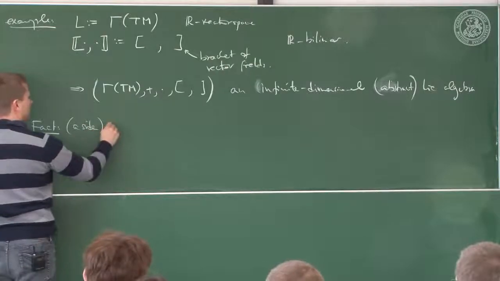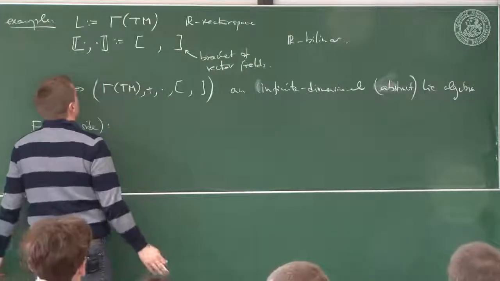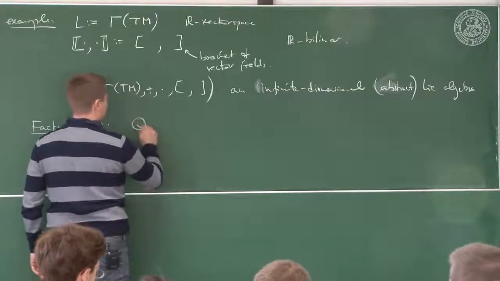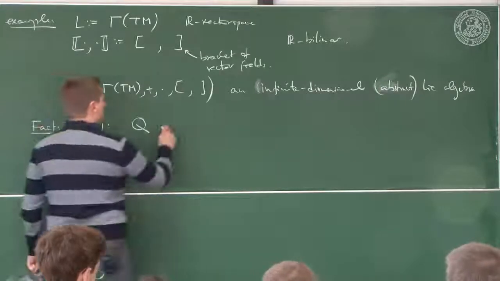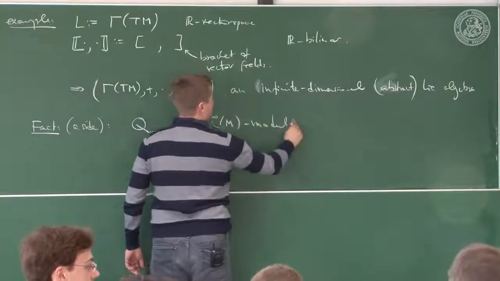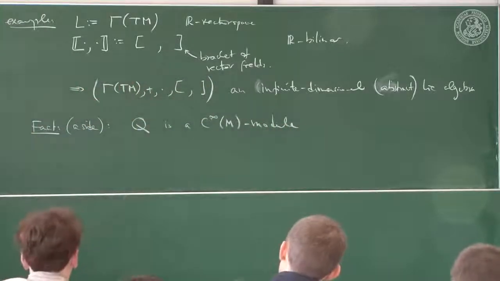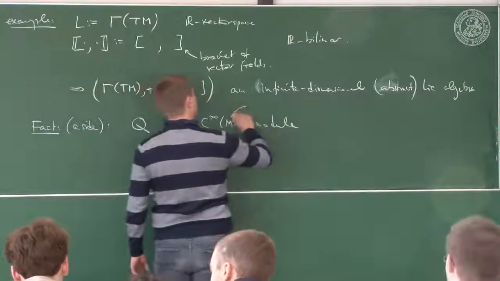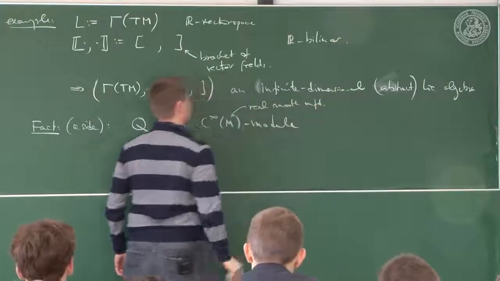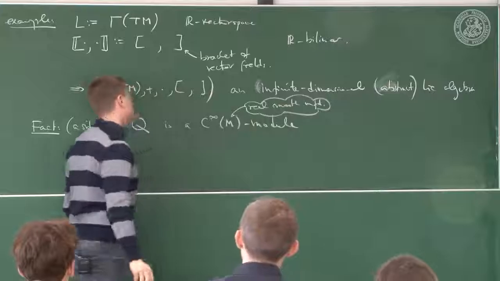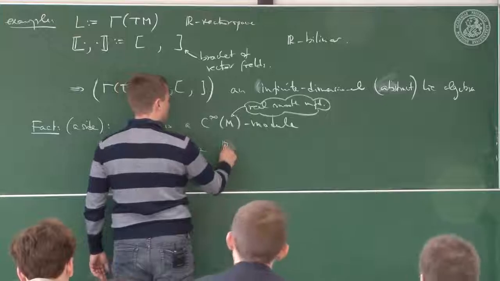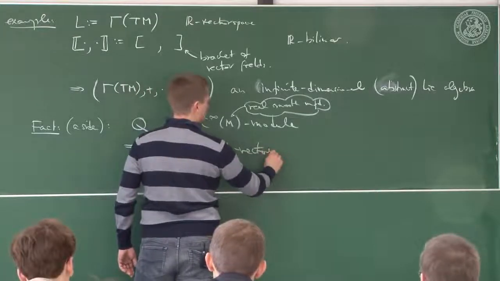Aside: if Q is some object, and Q is a C infinity M module, and M is a real smooth manifold, isn't it true that then Q is always an R vector space?